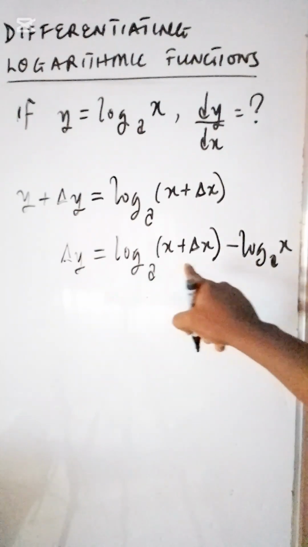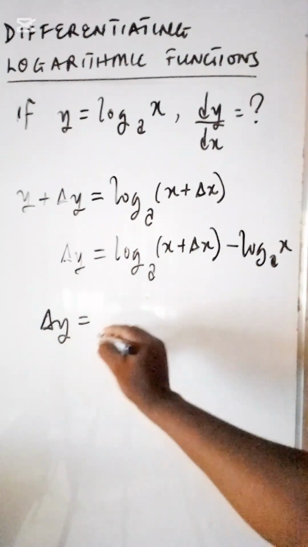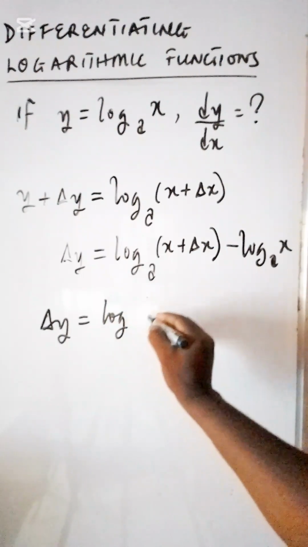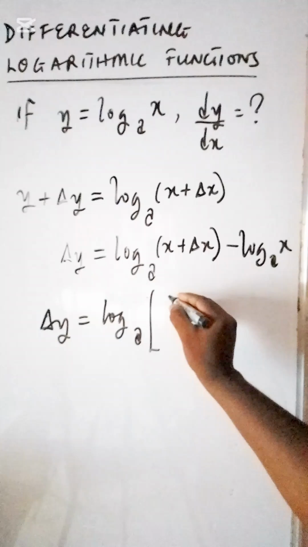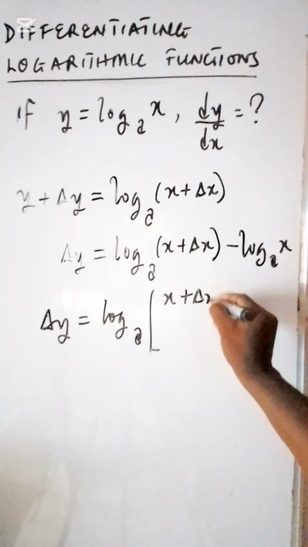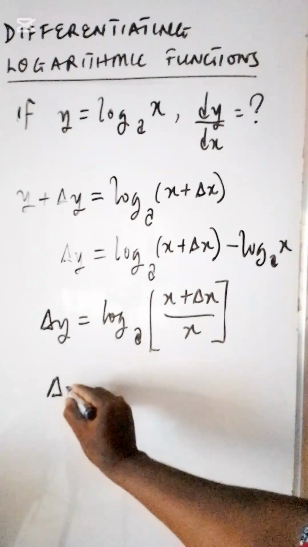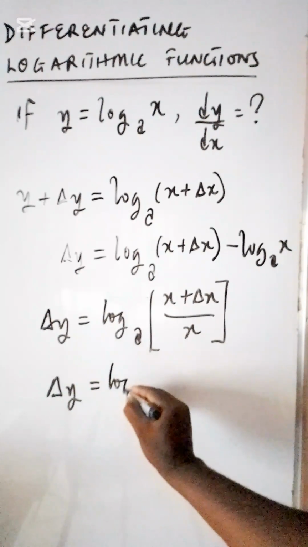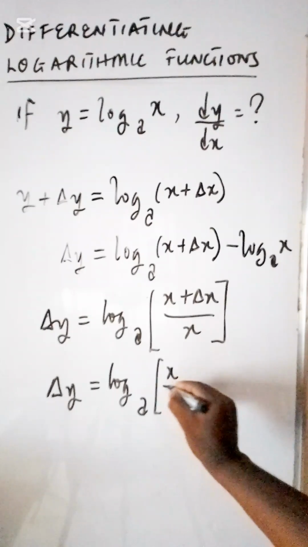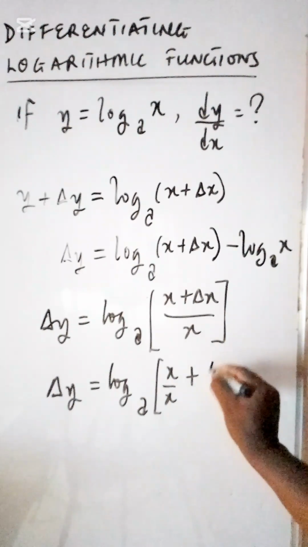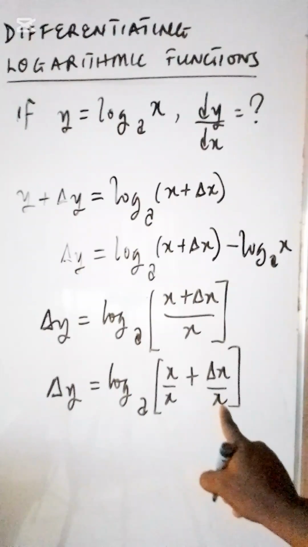Now, by the subtraction law of logarithm, this will simplify to change in y equals log to base a of, in bracket, x plus change in x all over x. This further can be simplified to give you log to base a of x over x plus change in x over x, by common denominator.